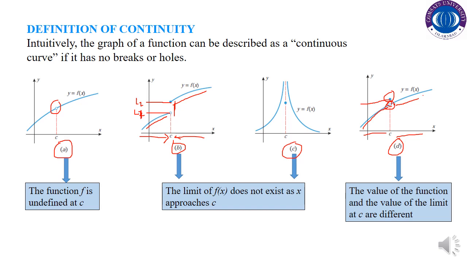So all the four graphs are discontinuous graphs, and the reason is: in part A, the function is undefined.